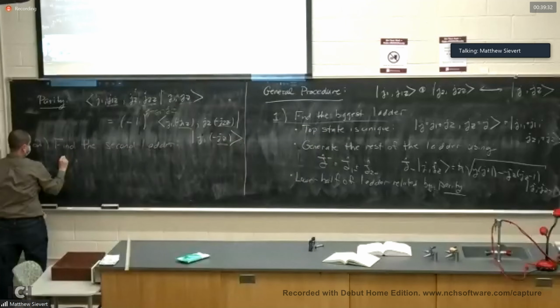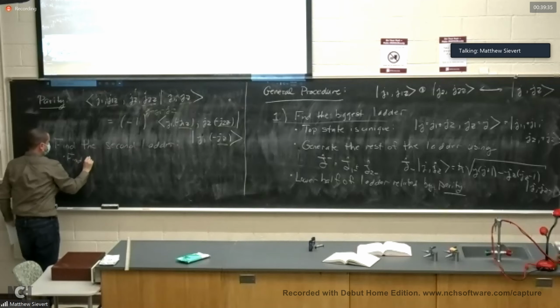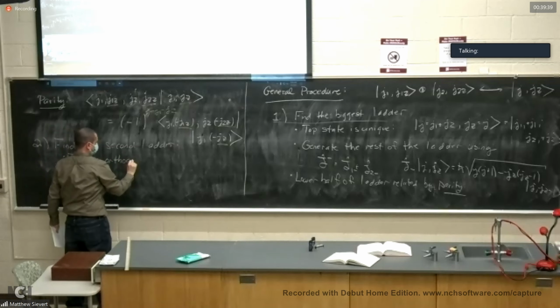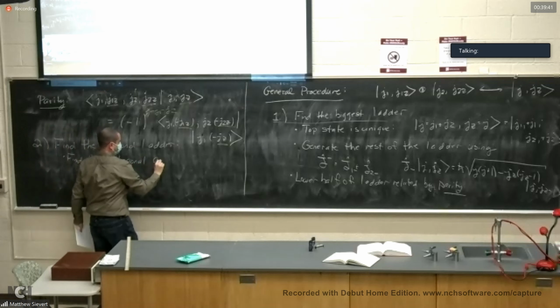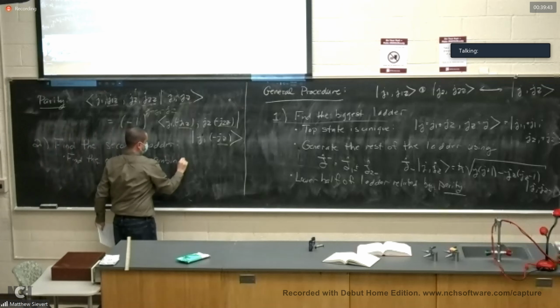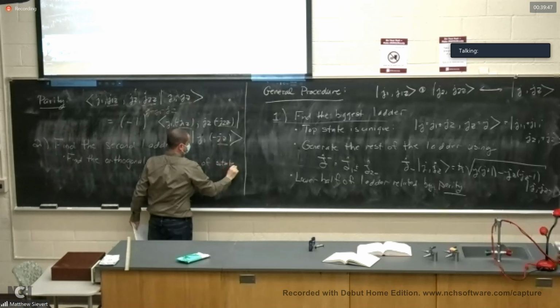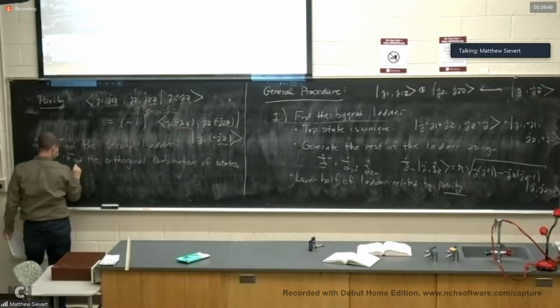So you start off by finding the orthogonal combination from the first ladder.